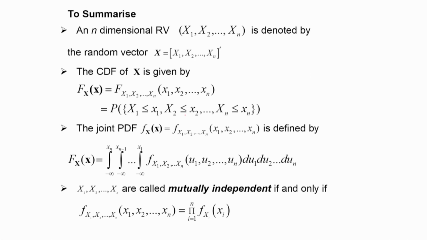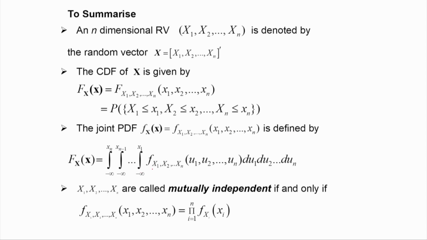So, this is defined by this probability, that capital X1 is less than or equal to small x1, capital X2 is less than or equal to small x2, like that up to capital Xn is less than or equal to small xn. Now, this joint PDF, the notation is fx of x. So, this joint PDF is defined through the integration.